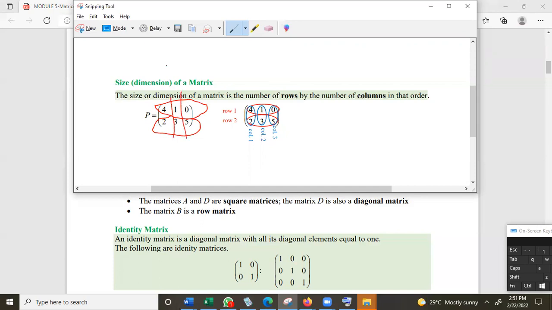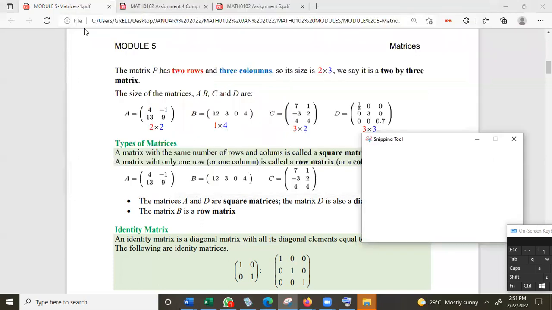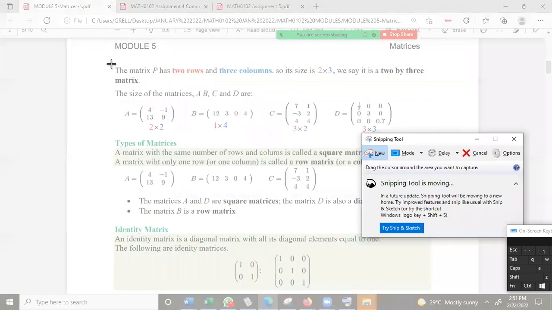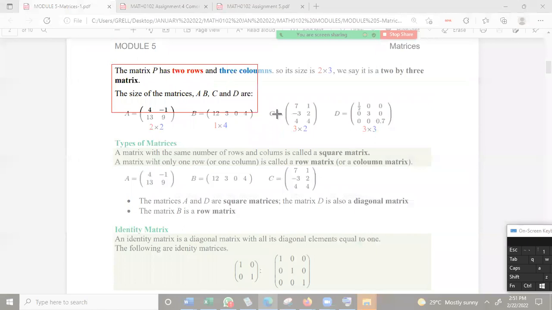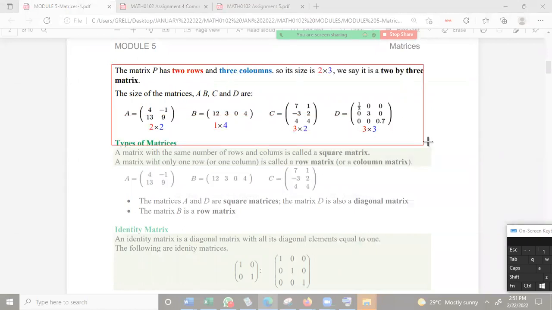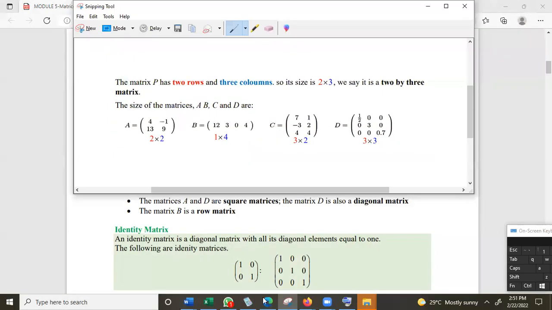Okay, so it's a 2 by 3. And here you have the sizes of matrices A, B, C, and D. C is a 3 by 2 because C has 3 rows and 2 columns.